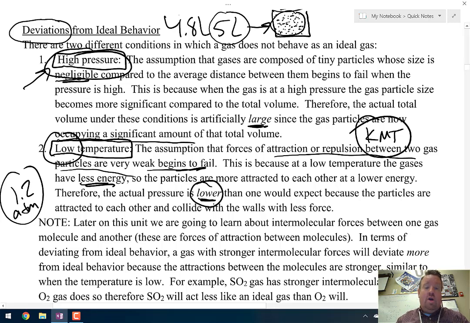And when the temperature's lower, they're more attracted to each other, so they're not going to hit the walls with as much force. Again, you can memorize this, or you can just learn the why. Why is it high pressure and low temperature? Because then if they ask you a tricky question, you're not going to get tricked by it because you actually know why it's the high pressure and low temperature that causes it to not act as an ideal gas.